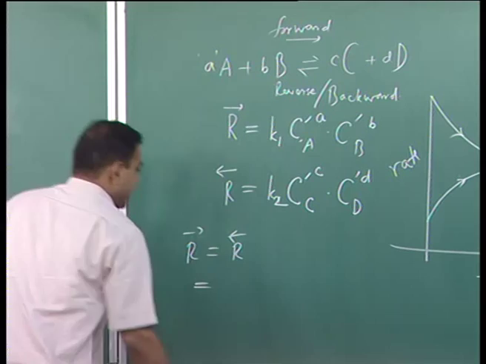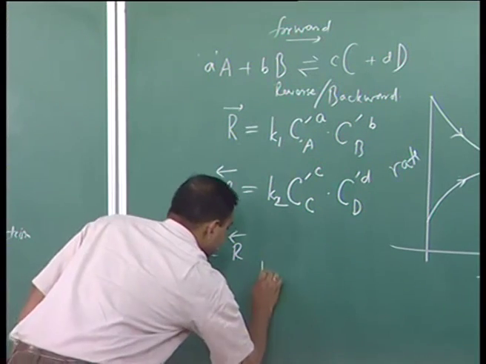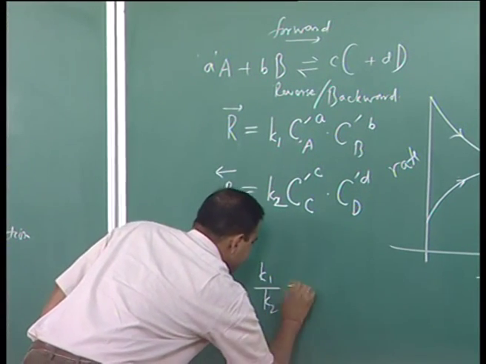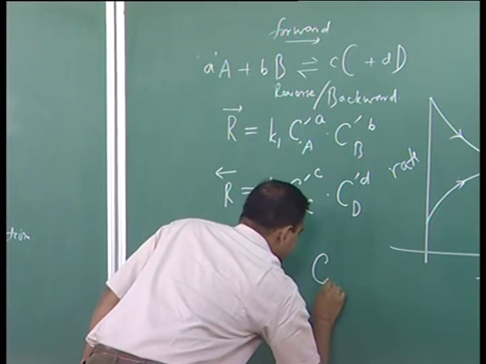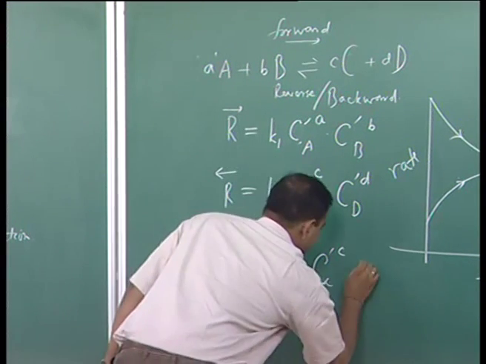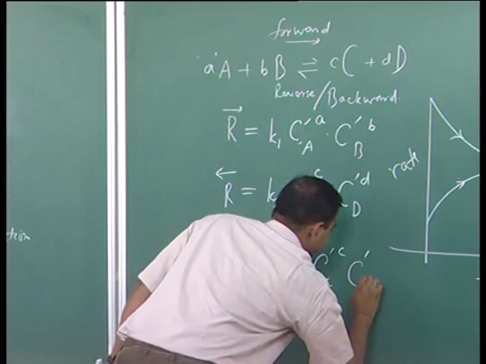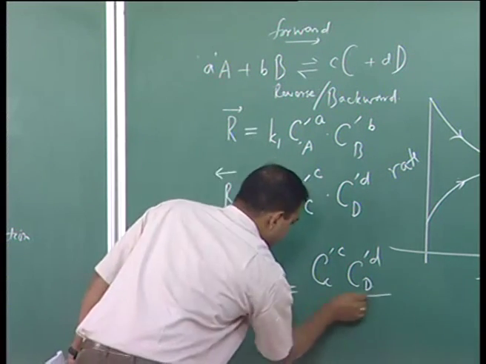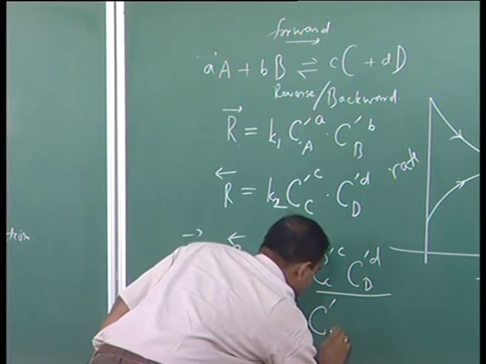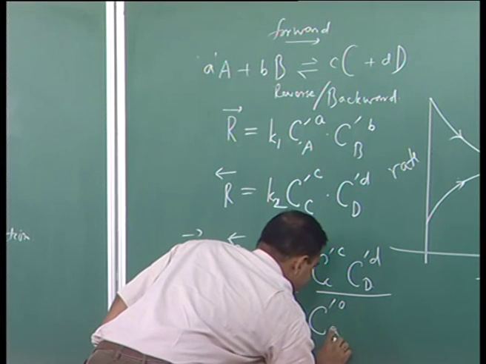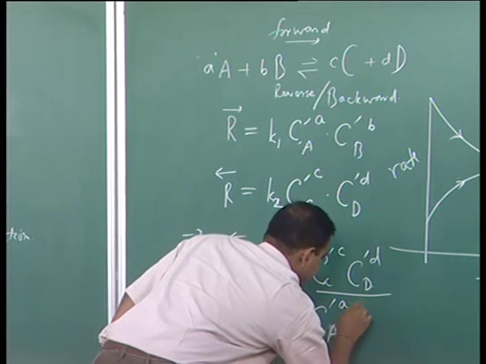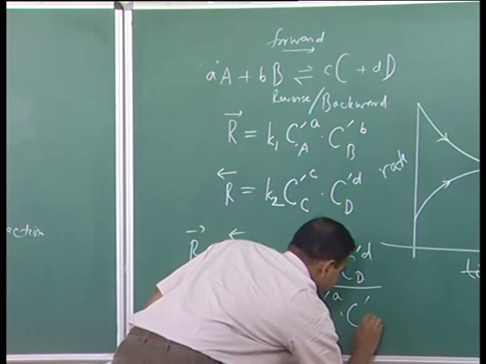Then I can write that K1 by K2 can be written as C dash C to the power c, C dash D to the power d, by C dash A to the power a, C dash B to the power b.